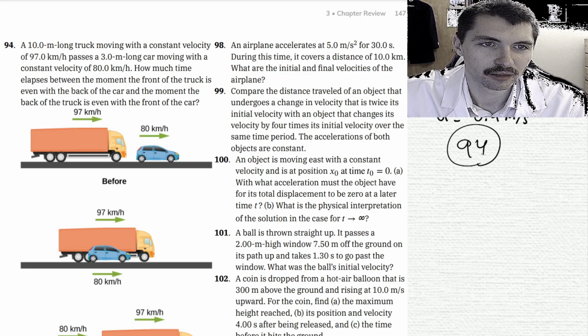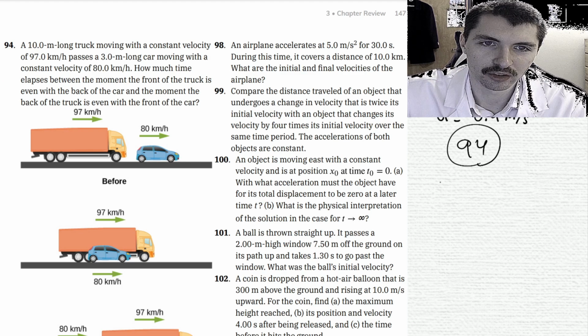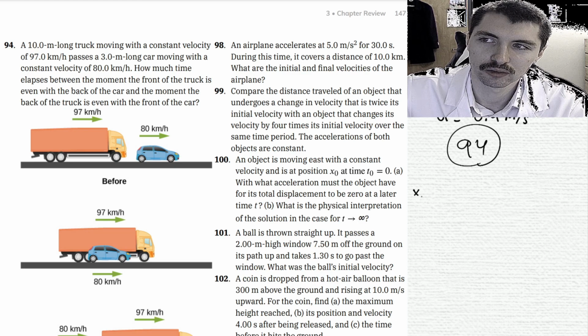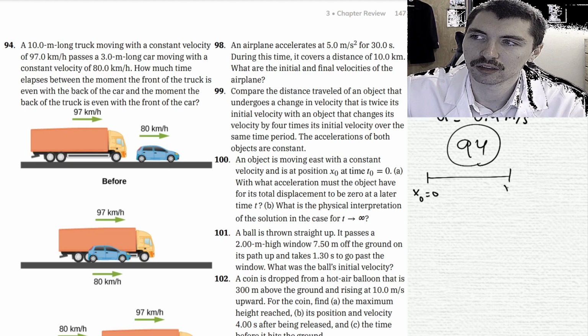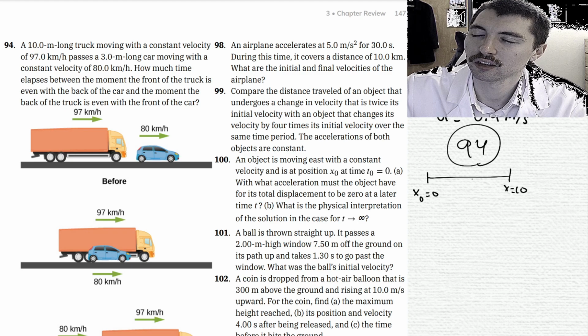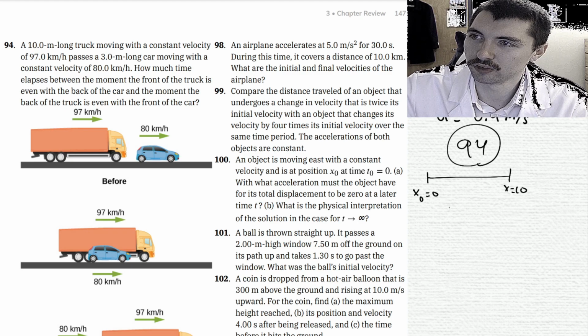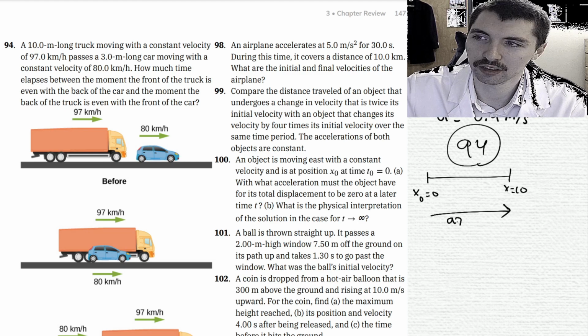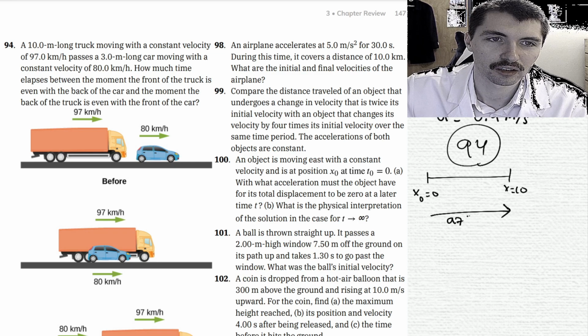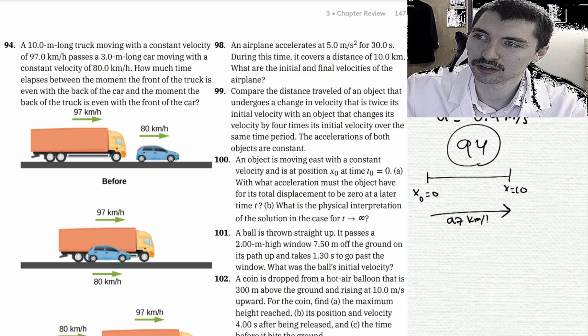Okay, a 10-meter truck is moving with a constant velocity, and x equals 10, and this is moving at 97 kilometers an hour.